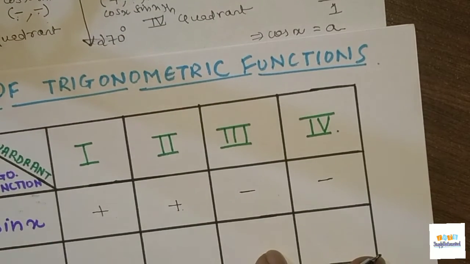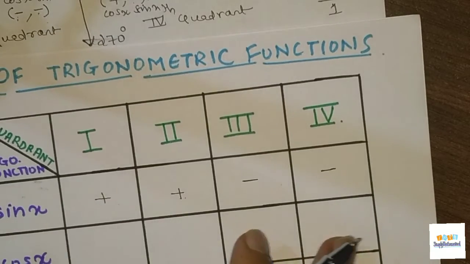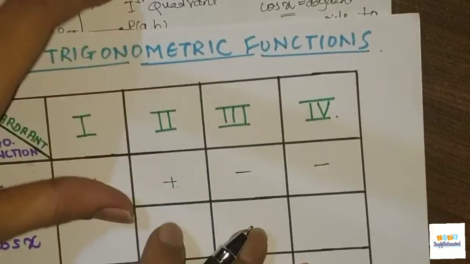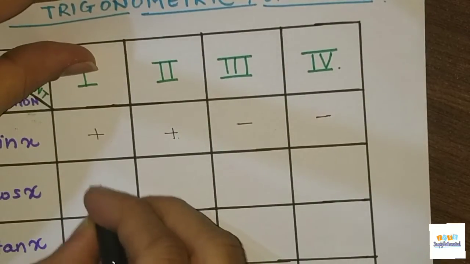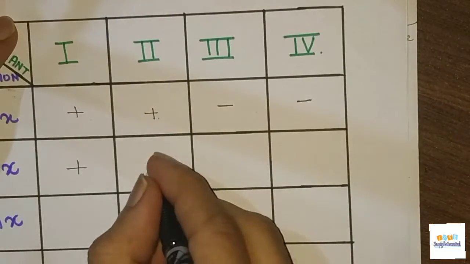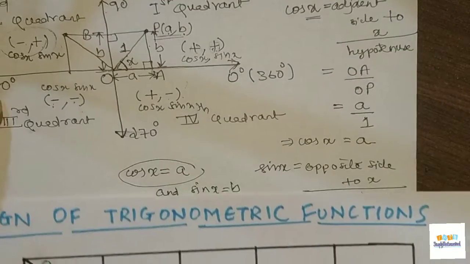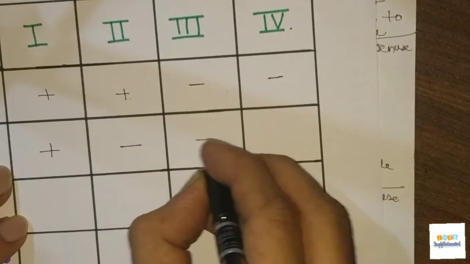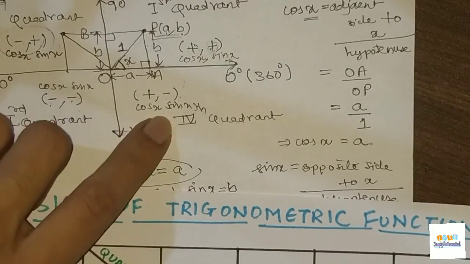Then what you get is the sign of cos. Cos is positive in the first quadrant. Cos is negative in the second quadrant. Then cos is negative again in the third quadrant. Then cos is positive in the fourth quadrant.